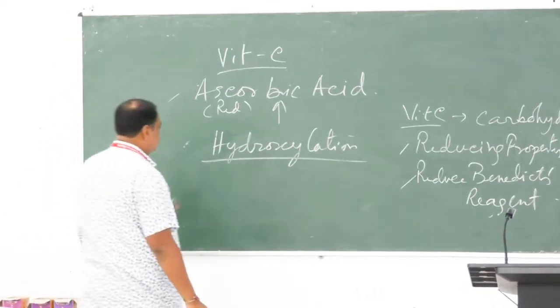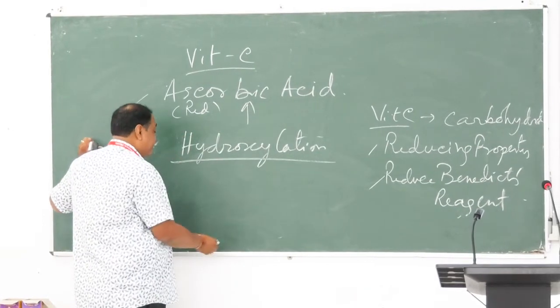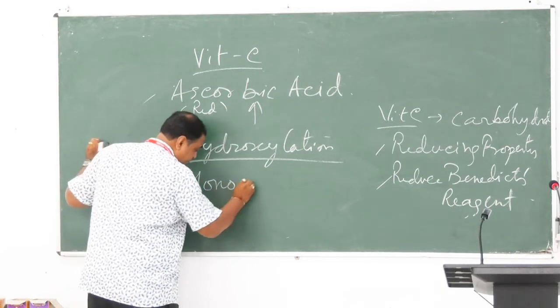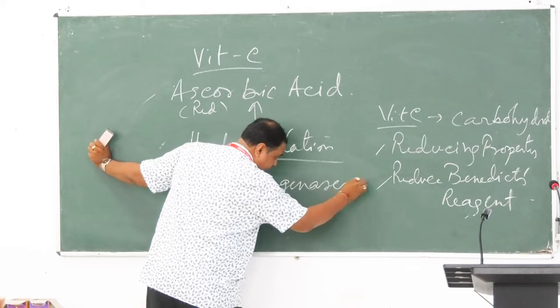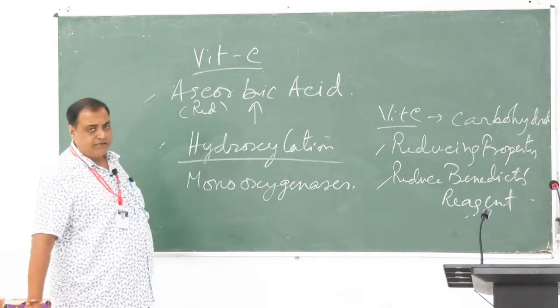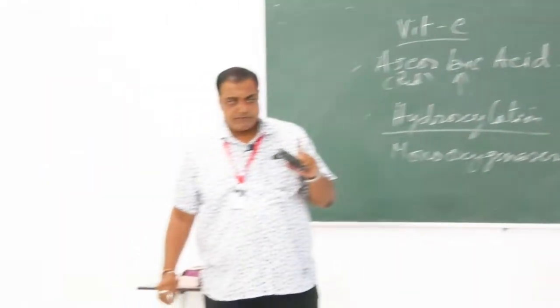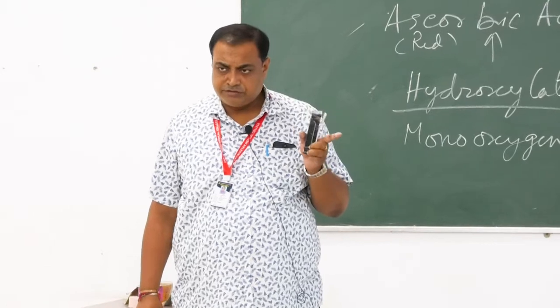The hydroxylation is done by a group of enzymes called monooxygenases. They transfer a single oxygen and convert it into a hydroxyl group.